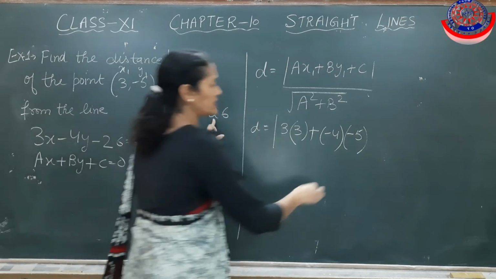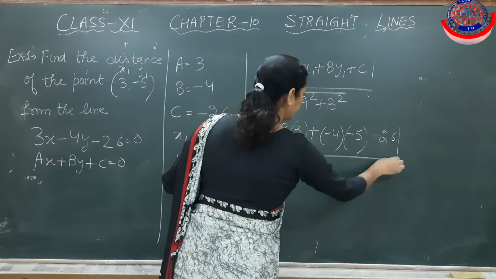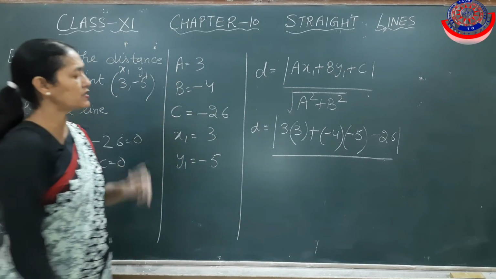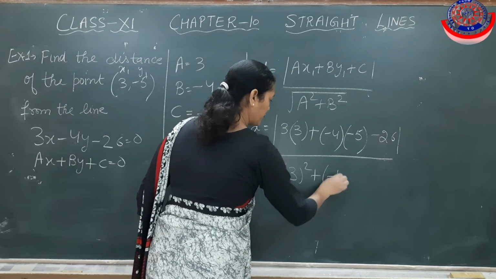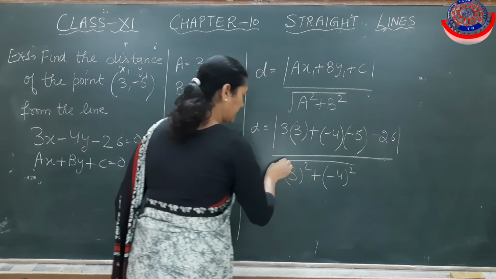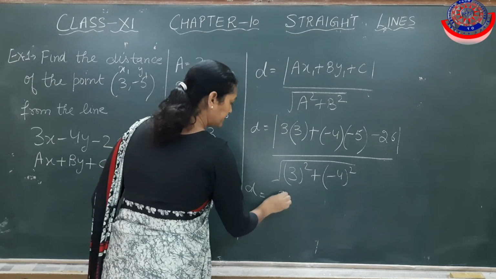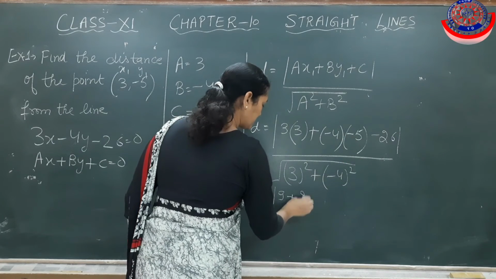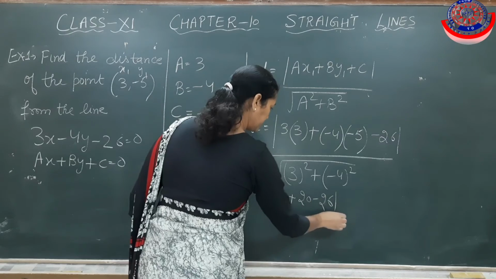C is -26, upon A square plus B square, under root. 3 square plus -4 square. 9, and -4 times -5 is 20, and -26.